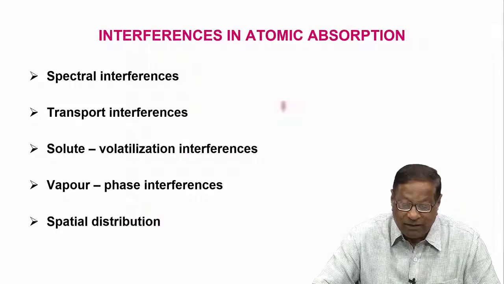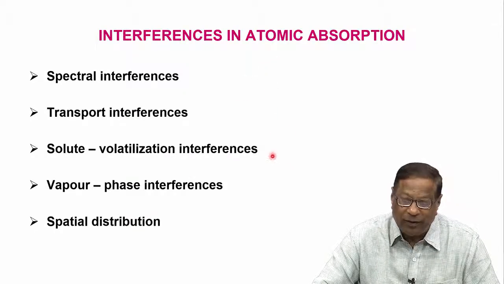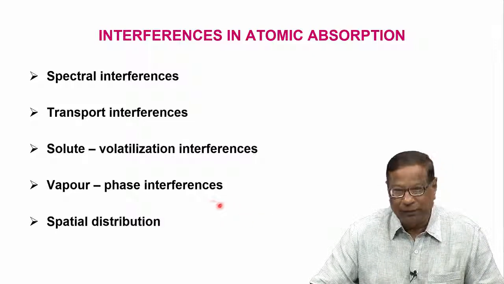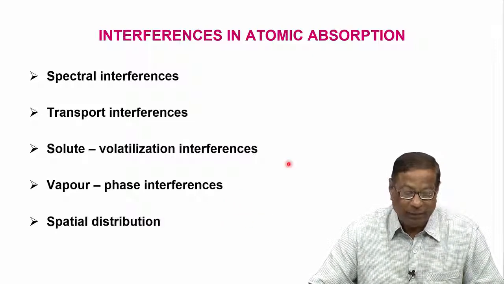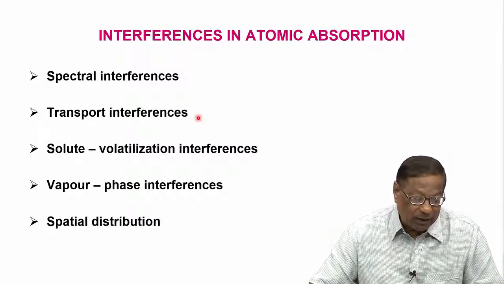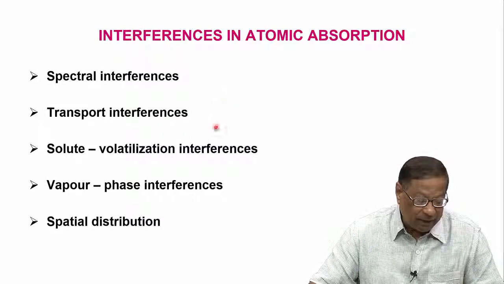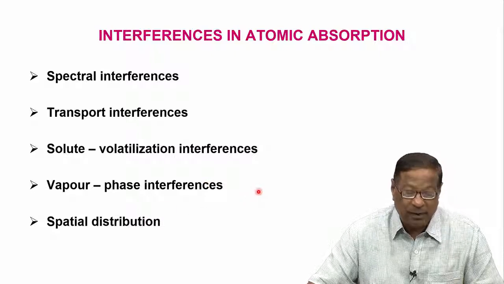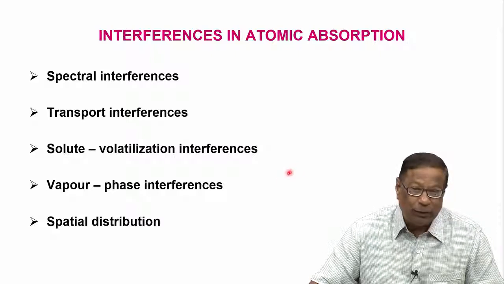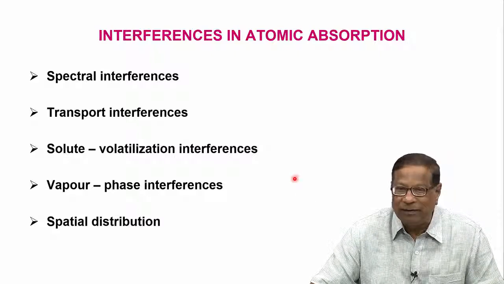So, any change in the absorbance value from the expected is called interference. Sometimes interference may be significant, sometimes it may not be. These are the different kinds of interferences: spectral, transport, solute volatilization, vapor phase and spatial distribution. We should be aware of them as chemists and engineers, otherwise we will be reporting wrong results.